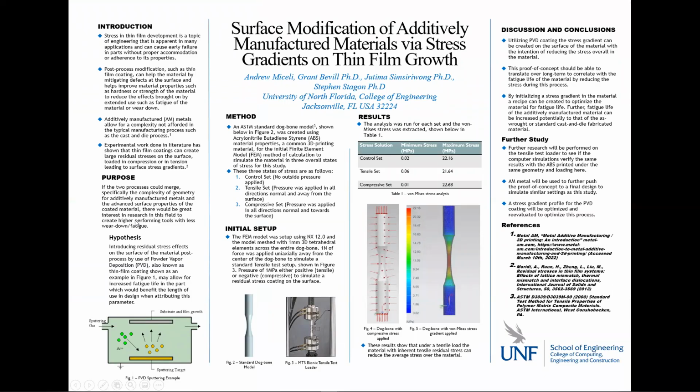And this is just a study I completed on the surface modification that was submitted to SOARS this year. Basically, we just did an FEM model, or a finite element model, with pressure applied at all of the surfaces to resemble the thin film coat residual stress, and then did a uniaxial test to see whether this compressive or tensile stress changes the stress applied in any of the locations.